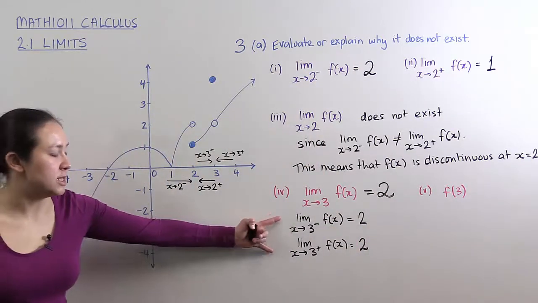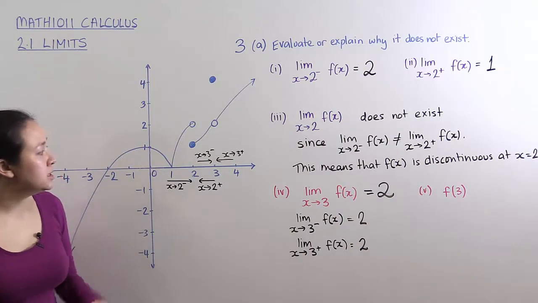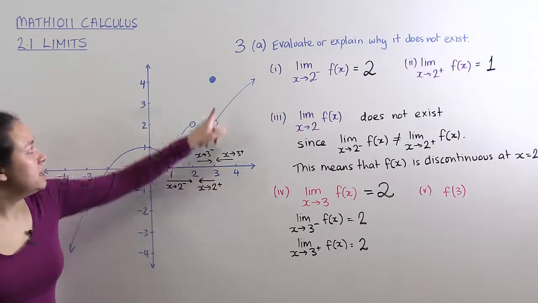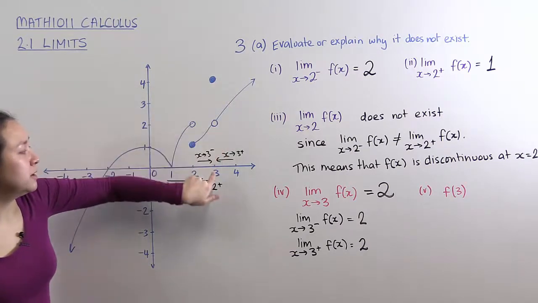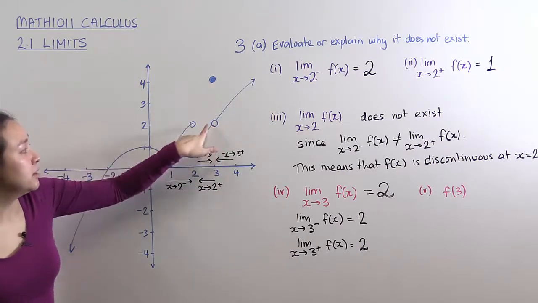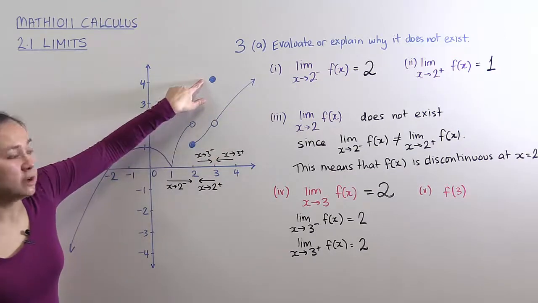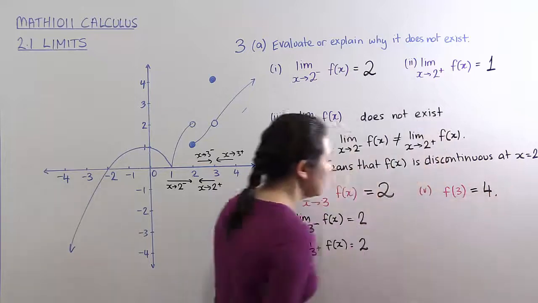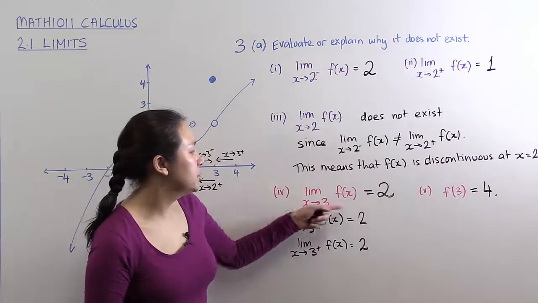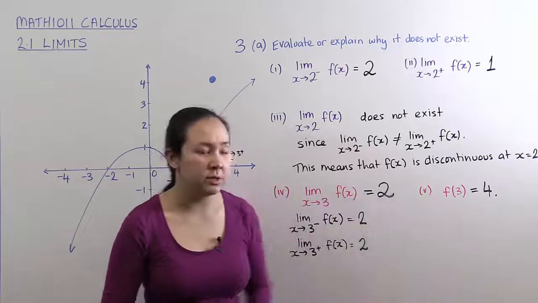Right, because these are the same value. Notice that the function value at 3 is actually 4, right? We've got an open circle here. The function value is not 2, despite the fact that the limits are 2, the function value is 4. So f of 3 is 4 here, right? So we have the limit as x approaches 3 is 2, but the function value is 4.